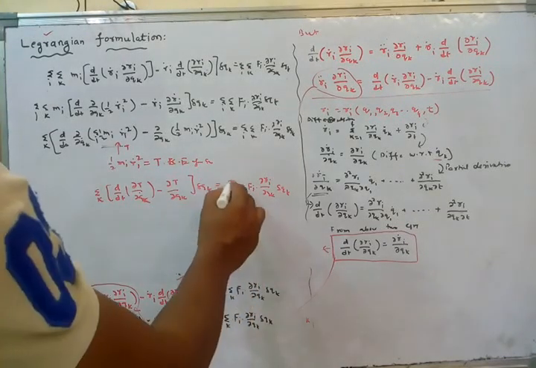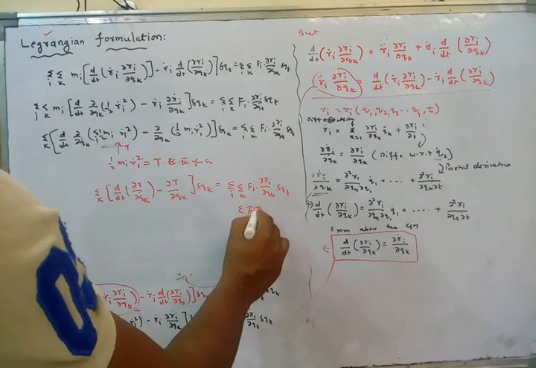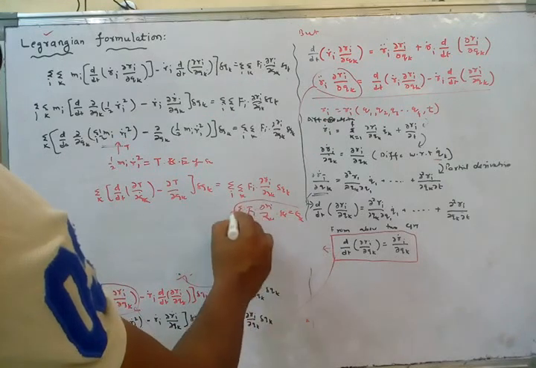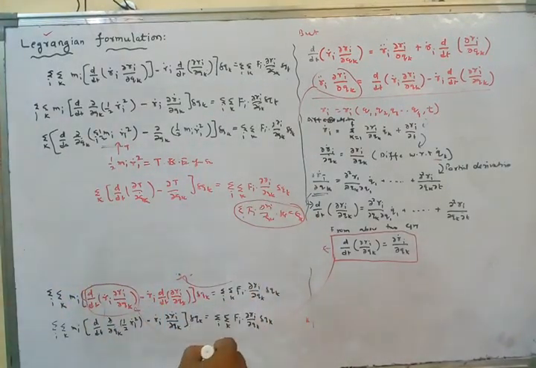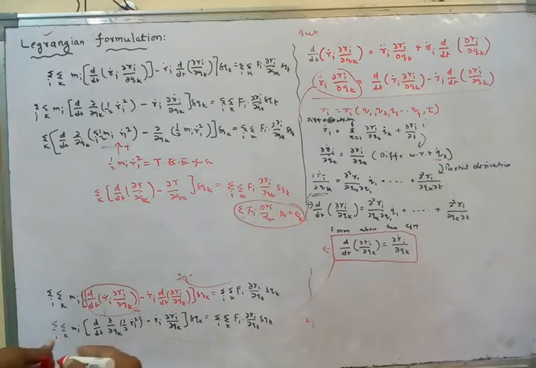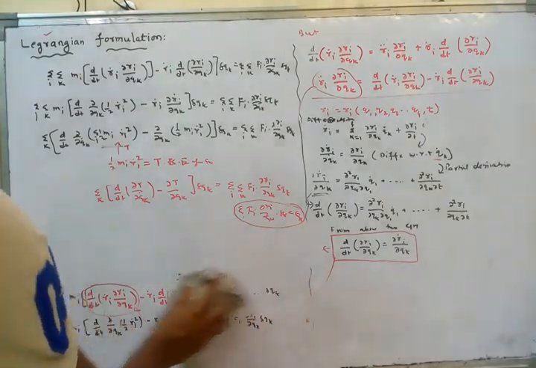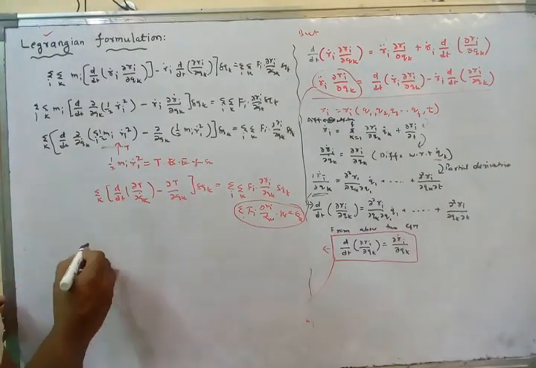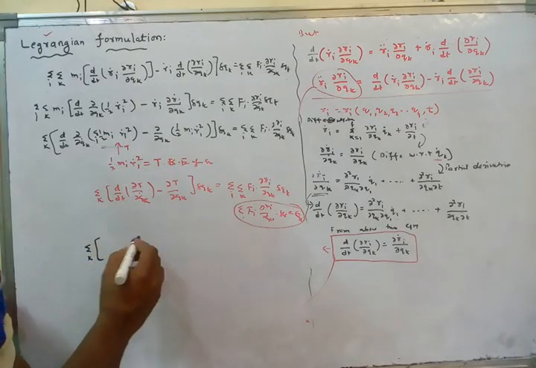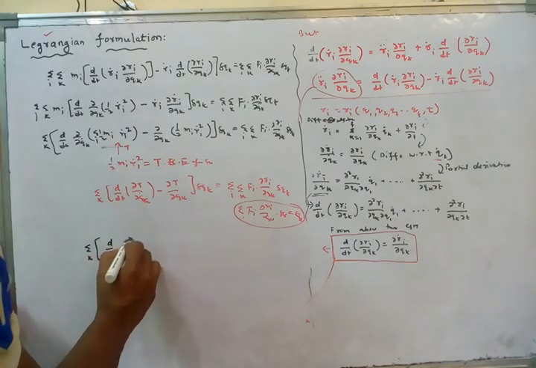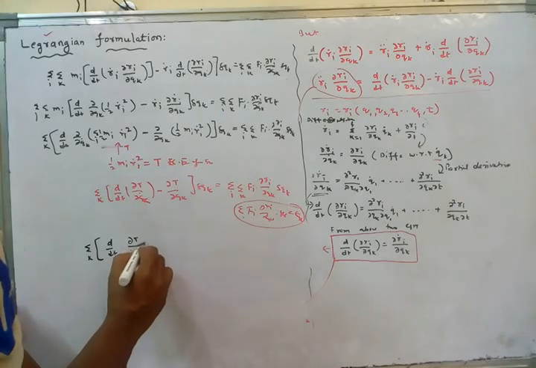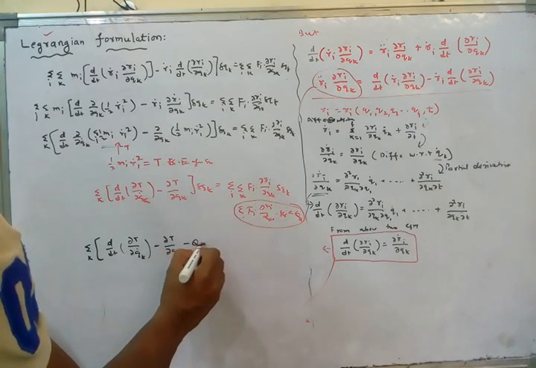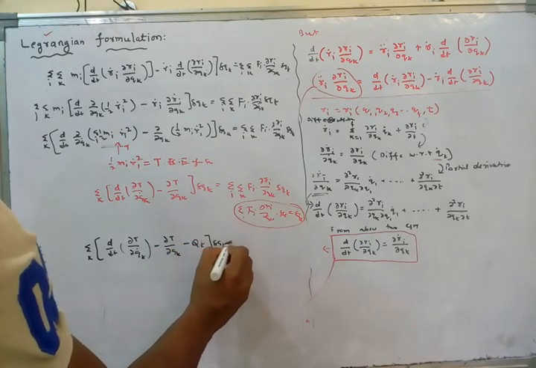Now sigma i Fi dou Ri by dou qk is the generalized force Qk. So we substitute it there, and finally we get sigma k [d by dt dou T by dou qk dot minus dou T by dou qk minus Qk] delta qk equals 0.